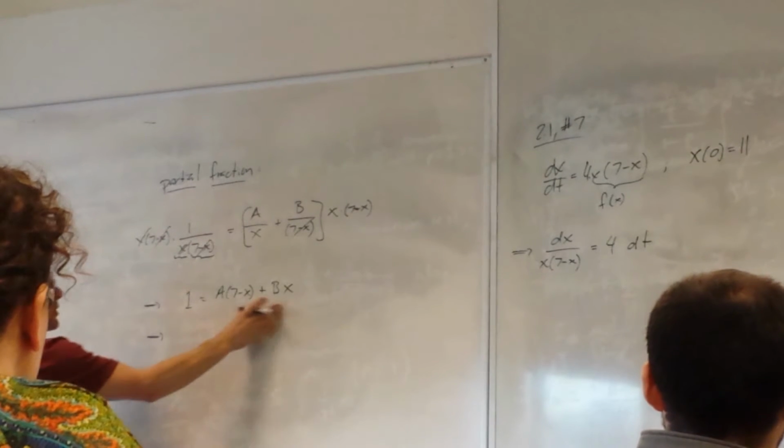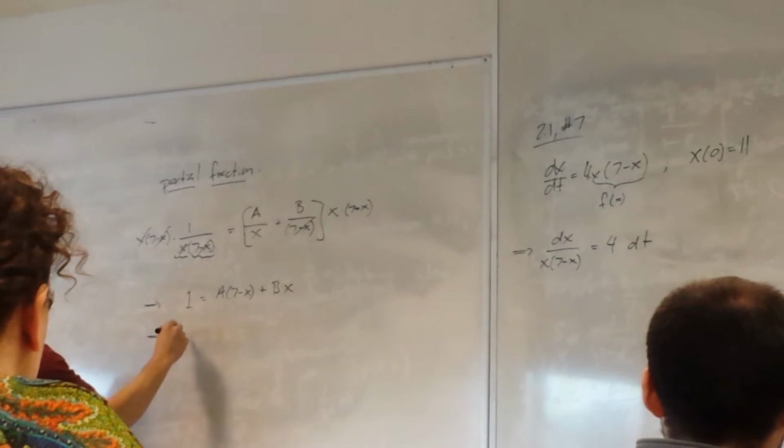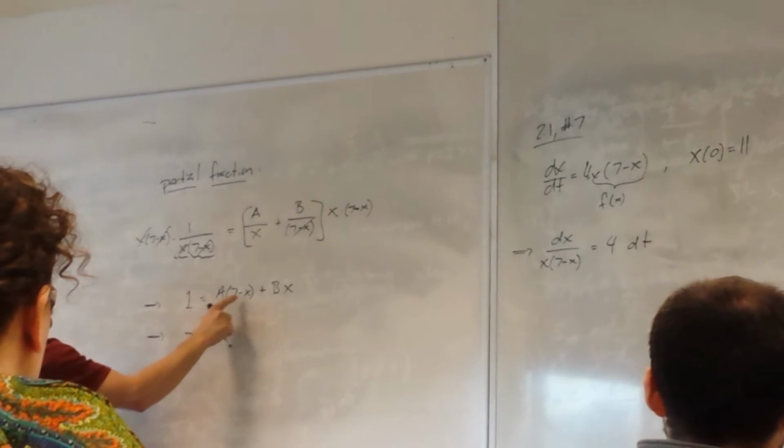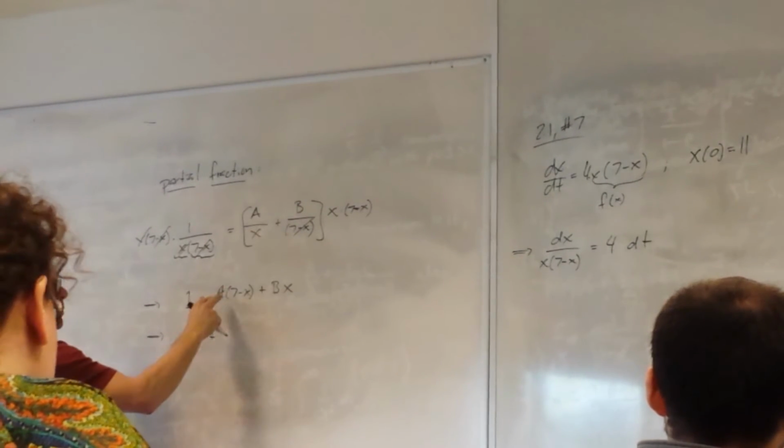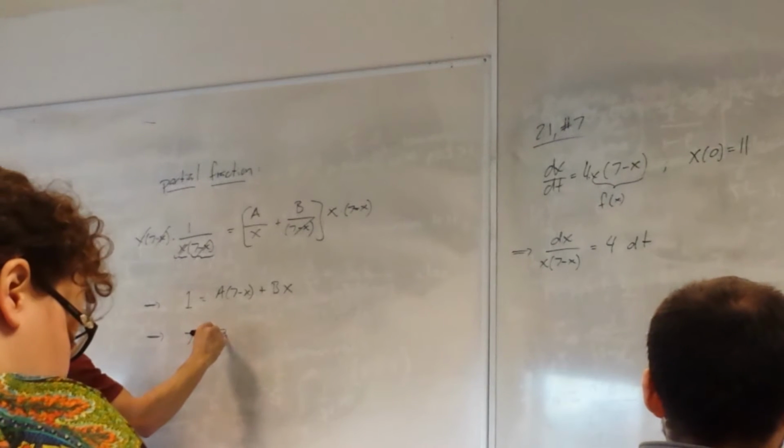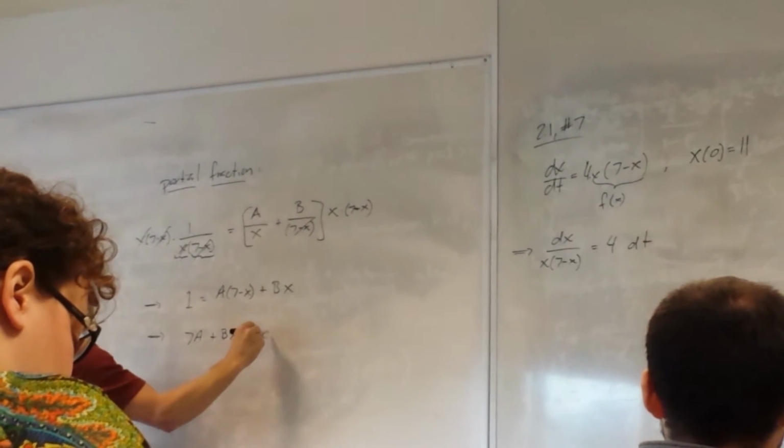I like to see my variables on the left, so I'm going to multiply this out: 7a minus ax plus bx, which I'll write as plus bx minus ax, equals 1.